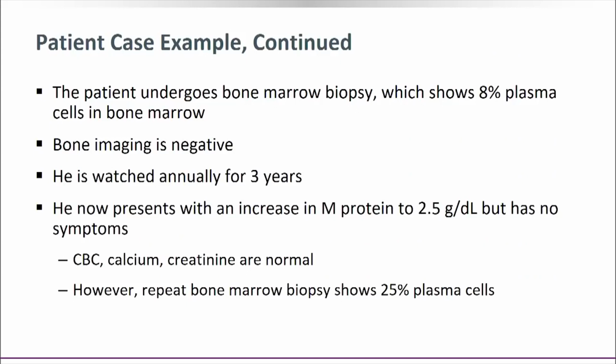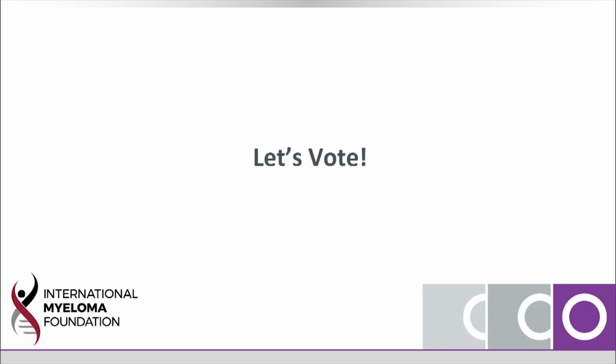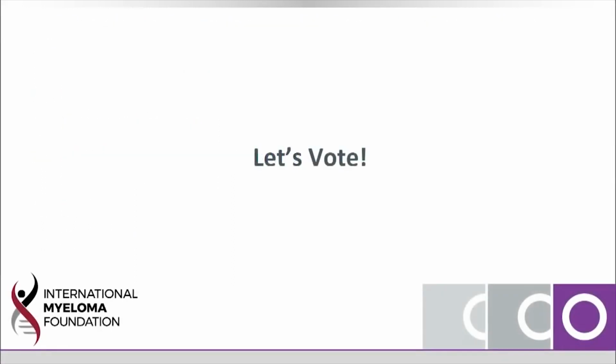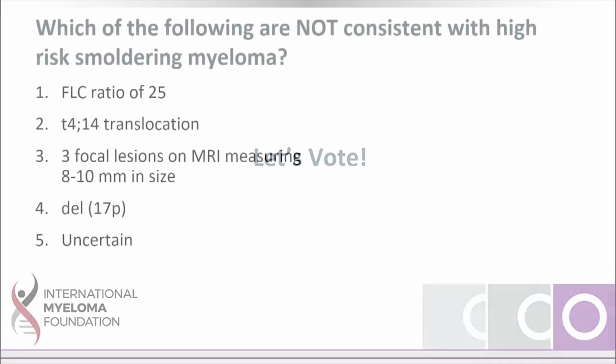Oops, sorry, can you go back to the question? Please read the question very carefully. There's some trick question. Which of the following is not consistent with high-risk smoldering myeloma in this patient that we just heard?